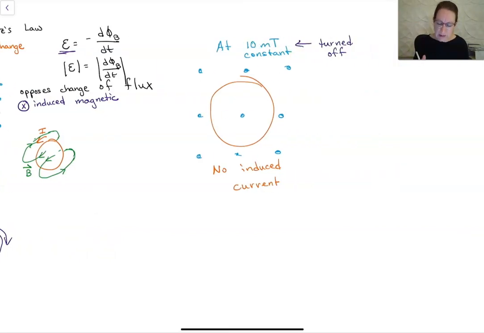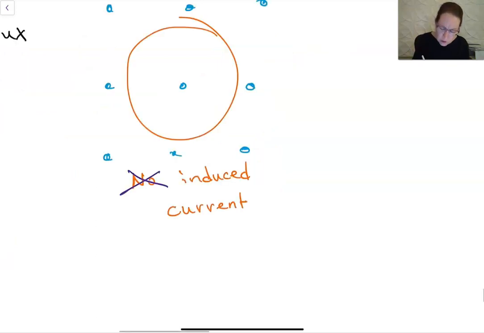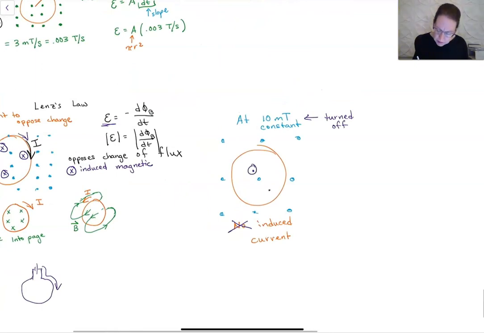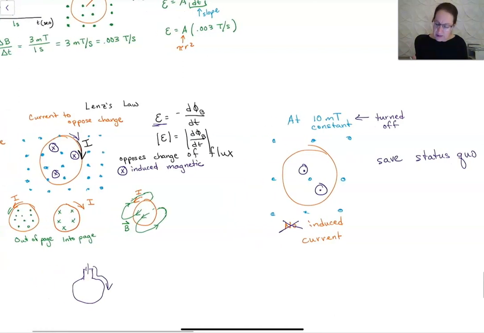Well, if that's the case, then all of a sudden, we get an induced current that says, hey, I don't want to lose those dots. So we induce a current to create dots, to sort of save the situation, save the status quo. It wants things to stay the same and wants to oppose change. So if I have dots, then what that means is I'm going to have a current that's going to get induced in that direction.